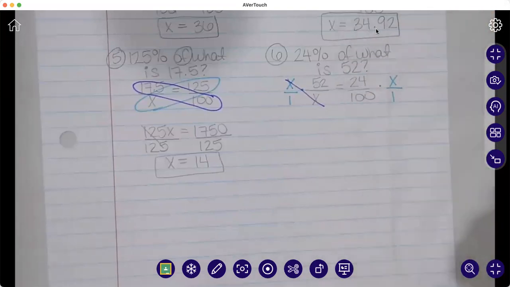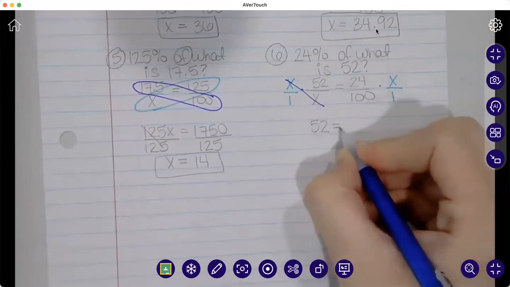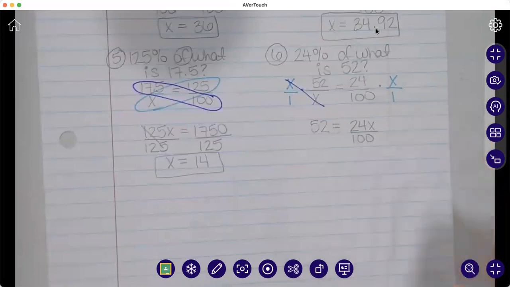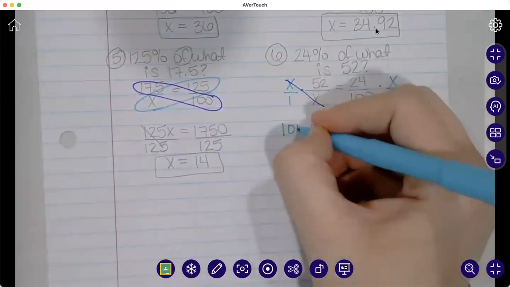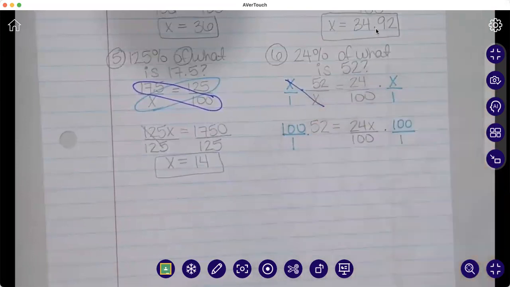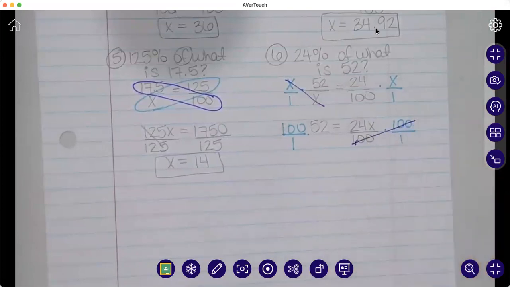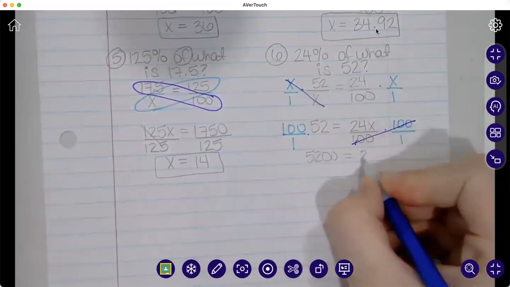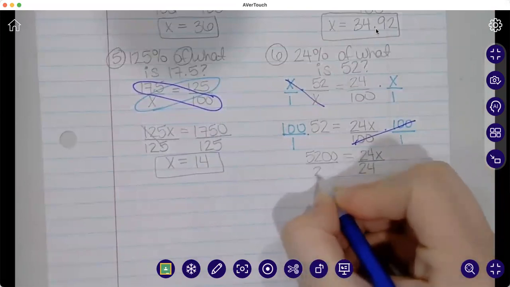So we have 52 equals 24x divided by 100. And then I would have to multiply by 100 divided by 1 on both sides, which would lead me to 5,200 equals 24x, divided by 24.